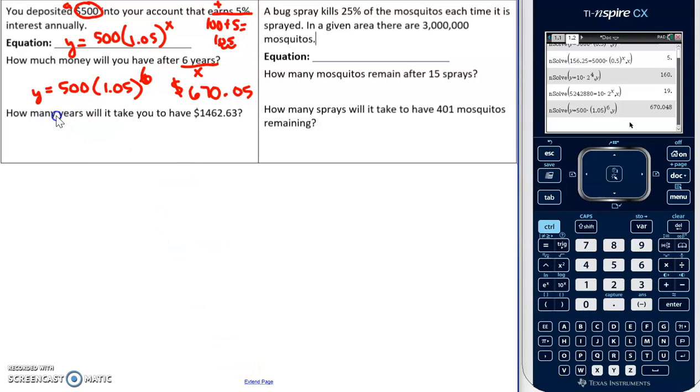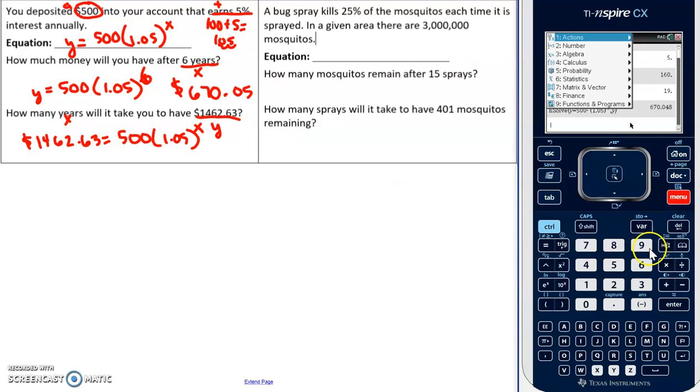And then the second question says, how many years will it take to have $1,462.63? So again, I'm going to have this amount equals 500 times my rate, and I don't know how many years this time, right?